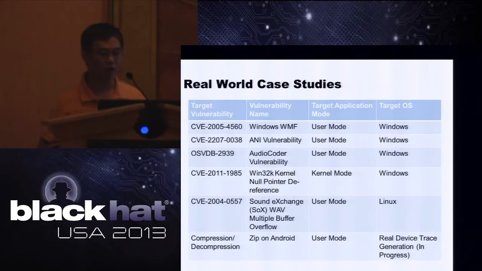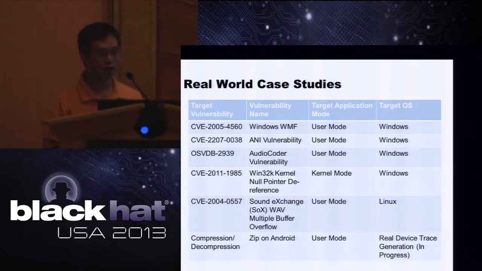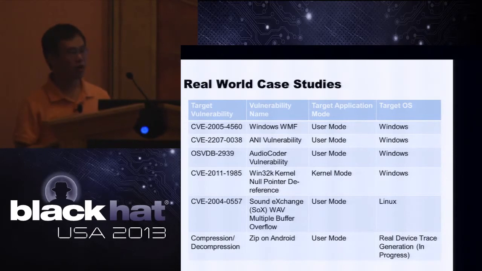We also have some audio vulnerability. On Windows, we collect some kernel crash, Unix, Linux. Also, we have some work in progress for a zip application where we're focusing on the compression, decompression activities from Android real device.